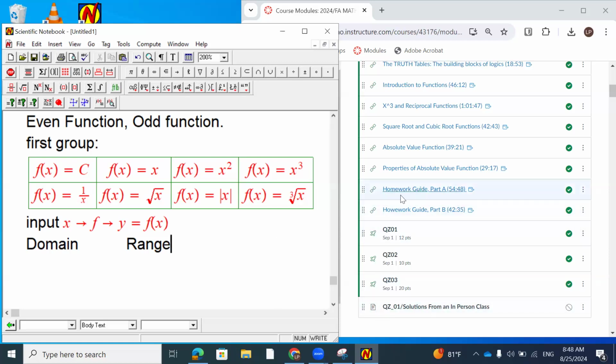We also have a homework guide, and I will give you more homework guides as needed. Please feel free to ask me questions whenever you have one. I'm available 24/7. Any question you ask will be replied to within 24 hours, including the weekend. During my office hours, of course, I'm going to reply to your questions immediately.